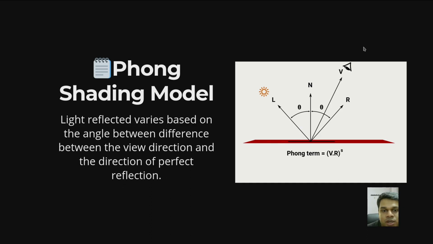The view direction is V and the direction of perfect reflection is R. And there is something called a Phong shading coefficient that is used to adjust how strongly the reflection happens, called S here, and the whole term is raised to the power of S.